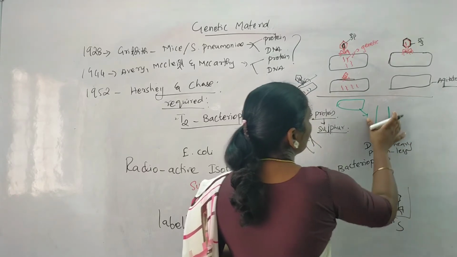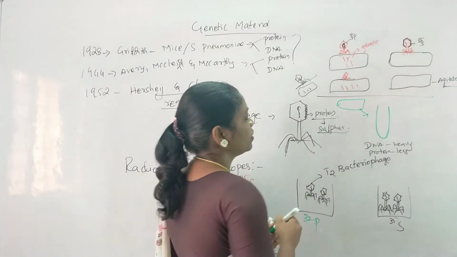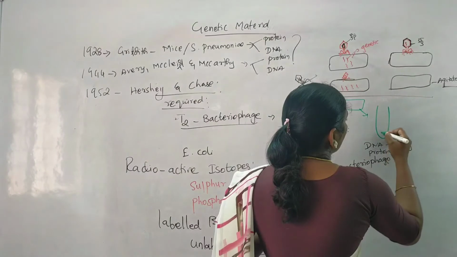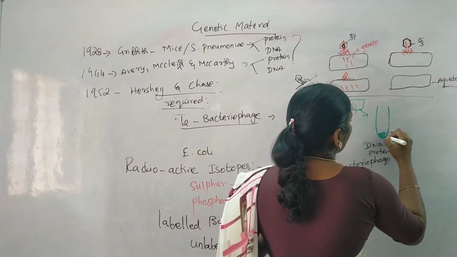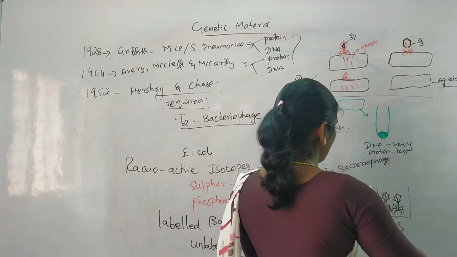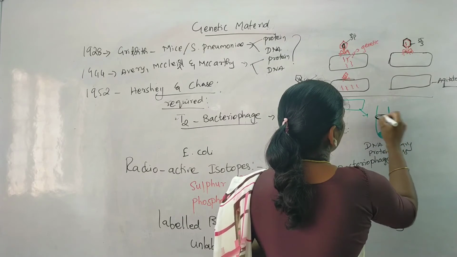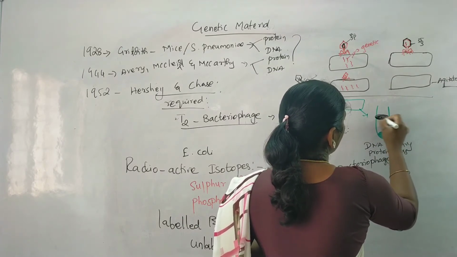So, what has happened here when they have taken it for density centrifugation, you can find the lower region with the cells, and the upper region contains the supernatant. This is the supernatant.